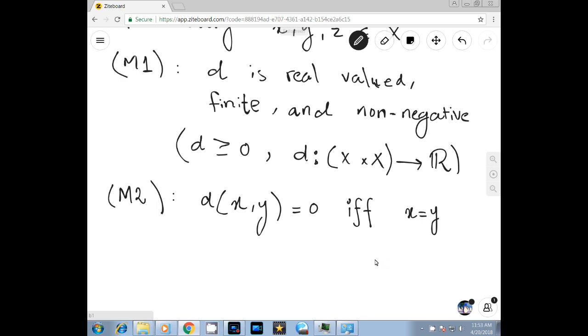This is an important property. If you are asked, in the set of real numbers, to find the distance between a point 5 and another point 5 again, since these two points are at the same location, there is no distance between them. The distance between them is 0.